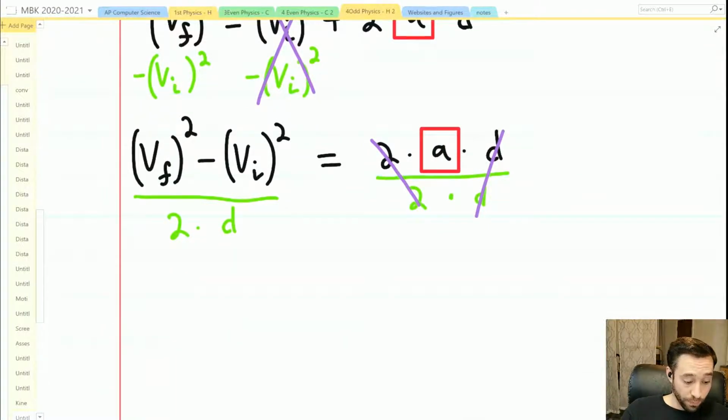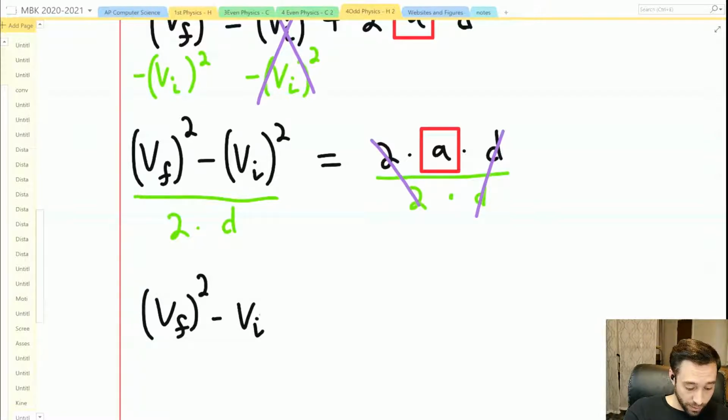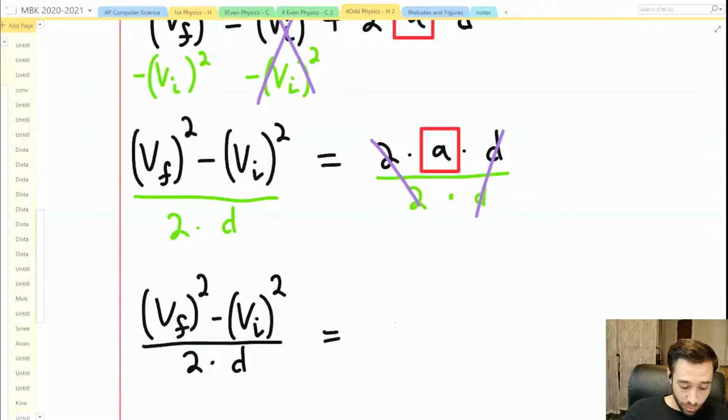So I'm going to do 2 more steps. I'm going to rewrite this so it's easier to read. So I'm going to have final velocity squared minus my initial velocity squared all over 2 times my displacement. And that is going to equal my acceleration.